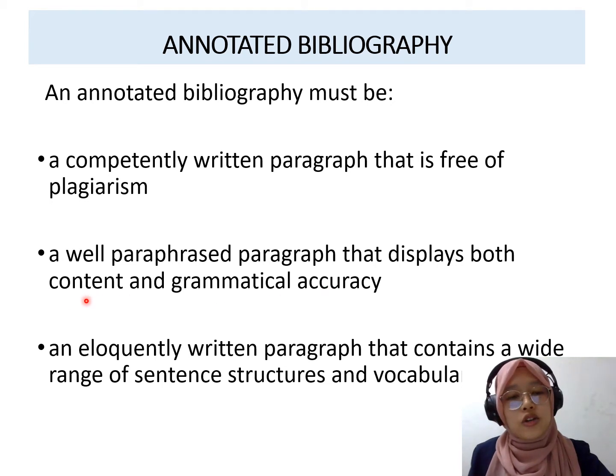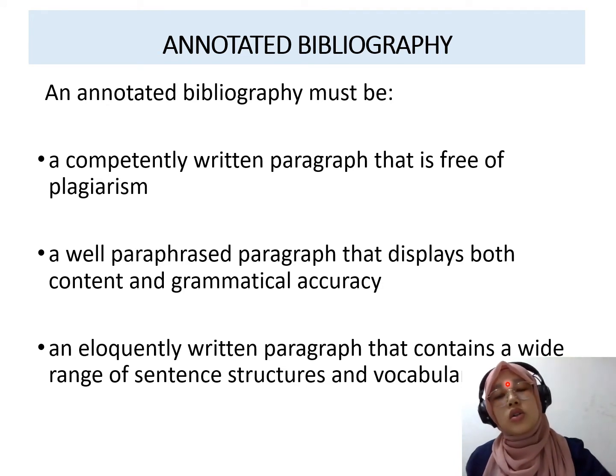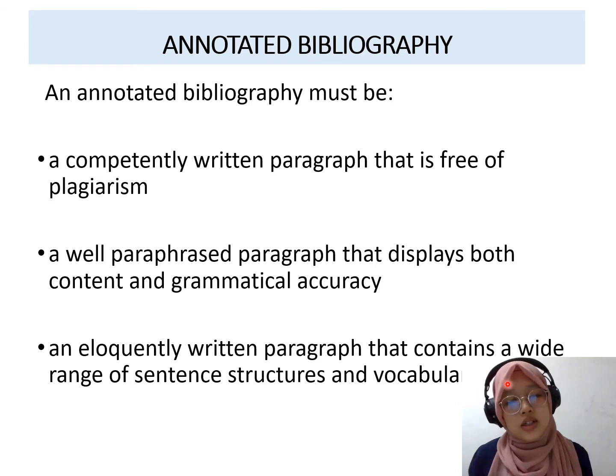An annotated bibliography must be an eloquently written paragraph that contains a wide range of sentence structures and vocabulary. So when you write this annotated bibliography, or this short summary, make sure you use a wide range of sentences.